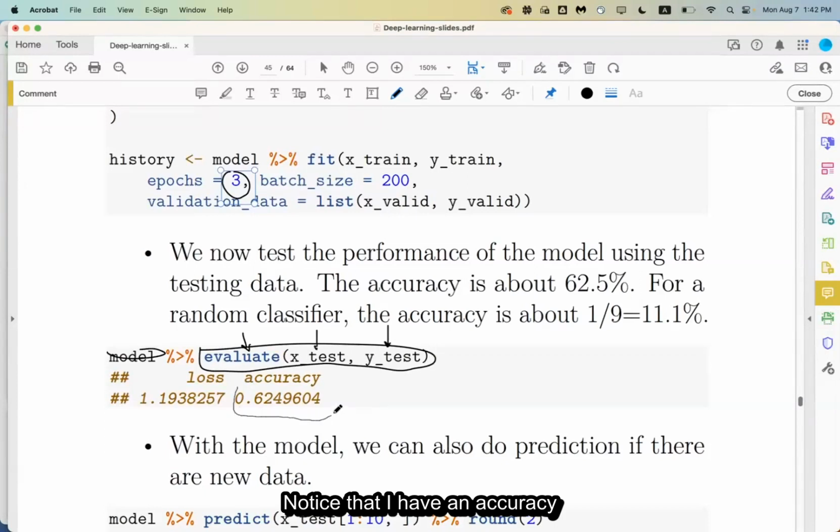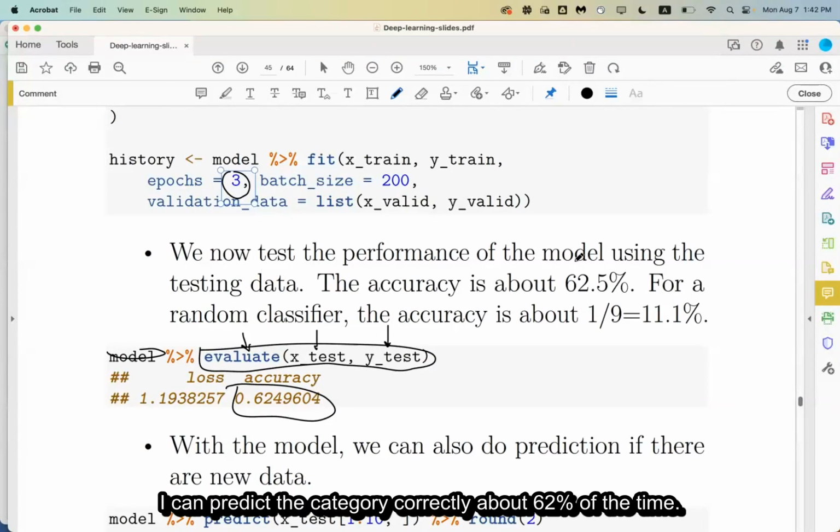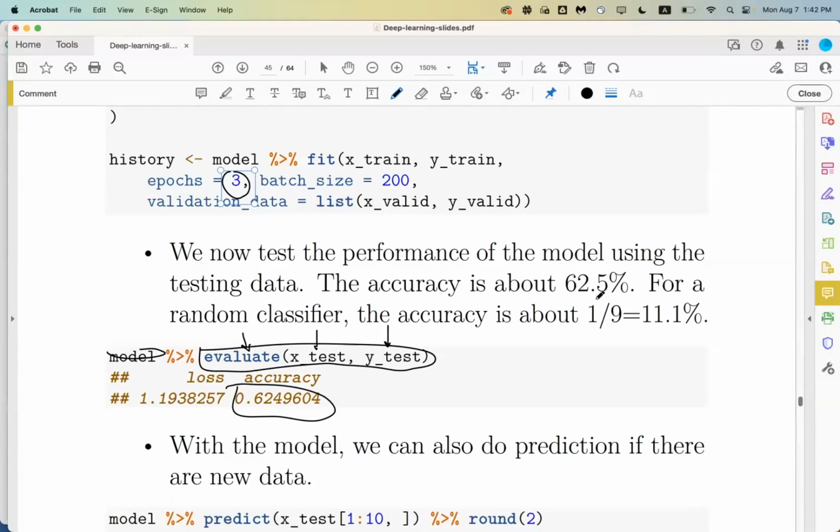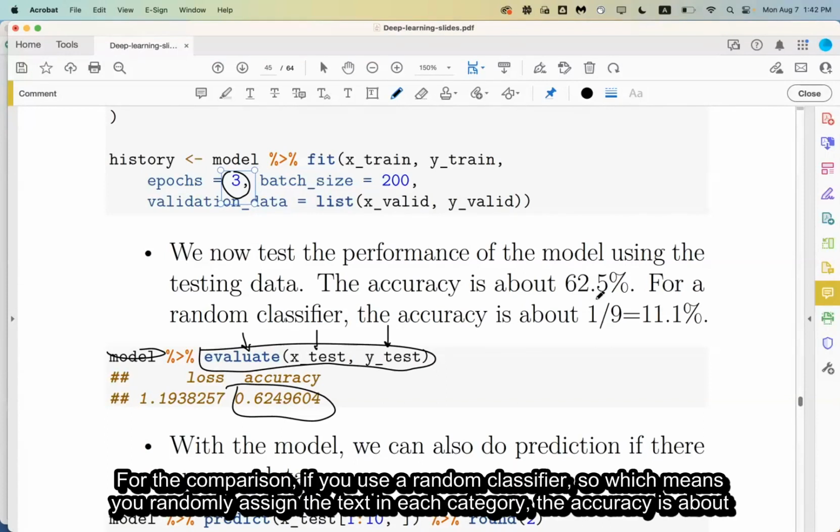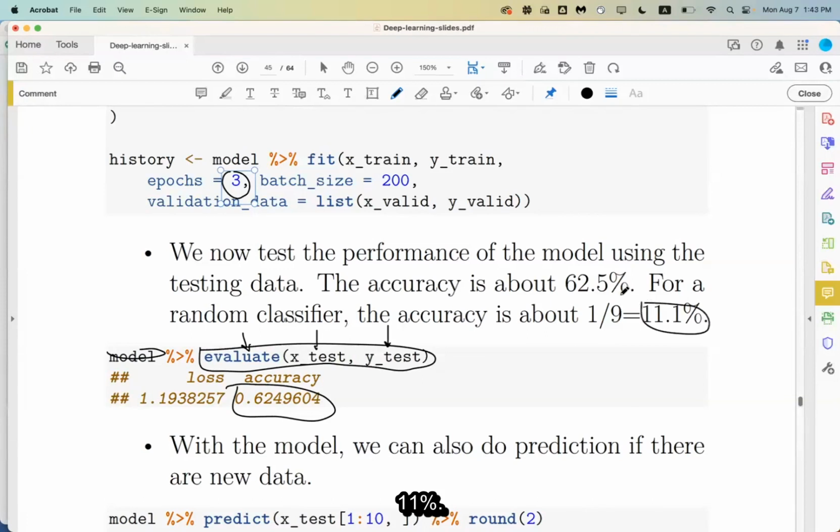Notice that I have an accuracy of 0.625, which means I can predict the category correctly about 62% of the time. For comparison, if you use a random classifier, which means you randomly assign the text into each category, the accuracy is about 11%. So 62% is a large improvement over a random classifier.